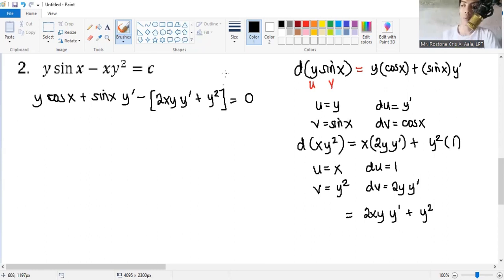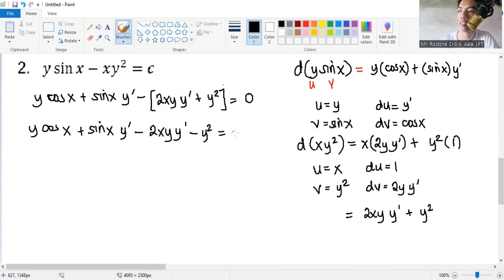So ang sunod natin gagawin is to simplify. So we have here y cosine x, then plus sine x y prime minus, so ito ay didistribute natin yung negative. So minus 2xy y prime, then minus, again, we have y squared equals 0. So i-group natin yung may mga common factor and we will factor it.